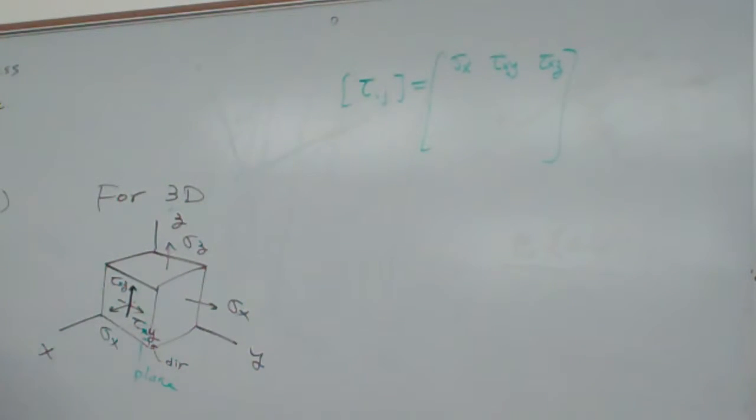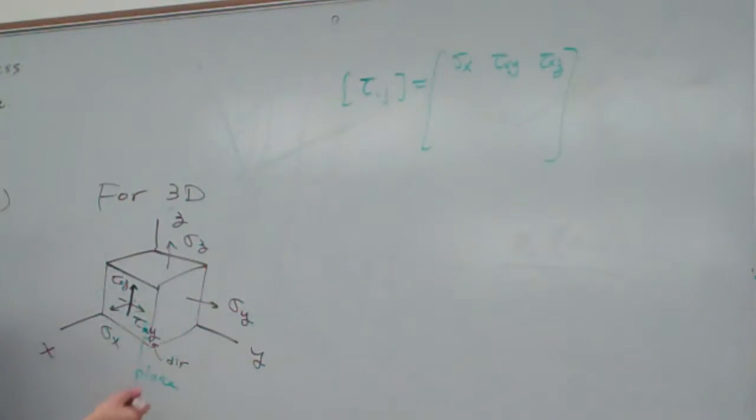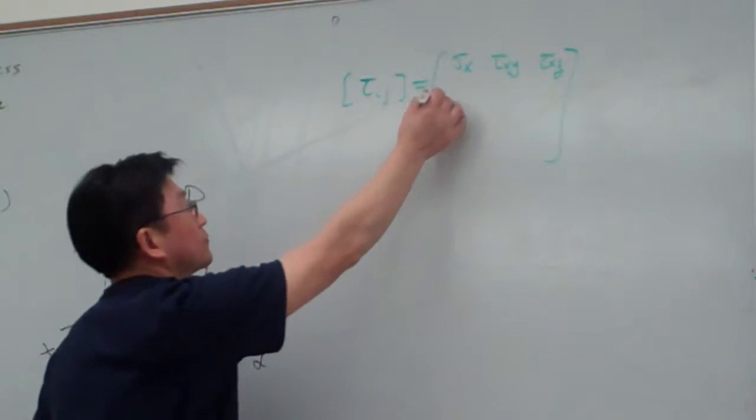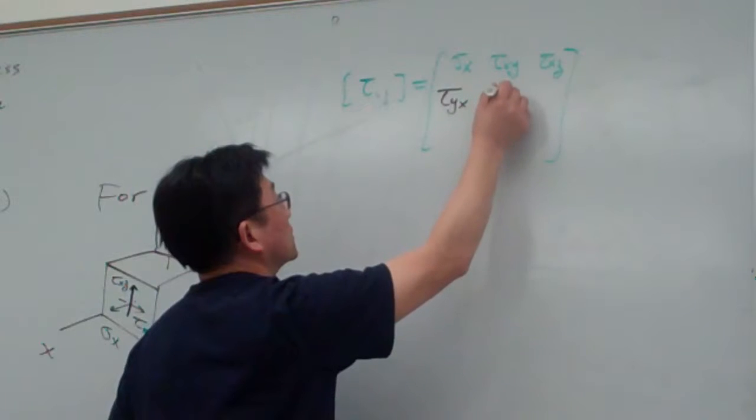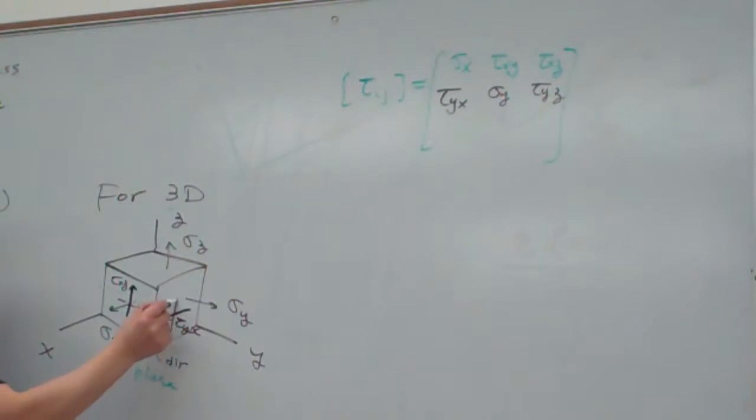Okay, that is the mathematical description of the stress components. In the y plane, we have the normal stress, and then in the y plane pointing to the x direction, this is tau yx. Then tau yz, in the y plane pointing to the z direction.